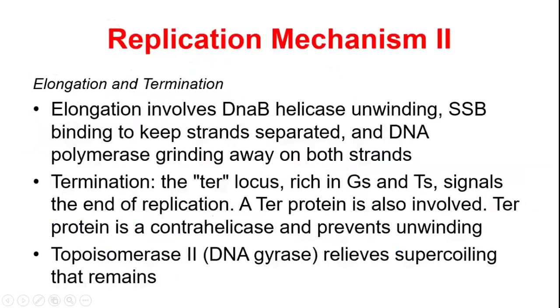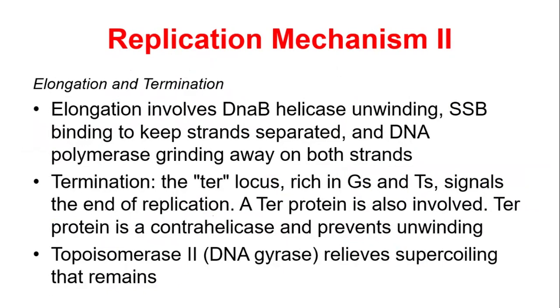Now remember that in this process we have initiation, then elongation, then termination. The elongation involves DNA helicases unwinding, single-stranded binding protein keeping the strands separated, as we have seen earlier, and DNA polymerase grinding away on both sides.